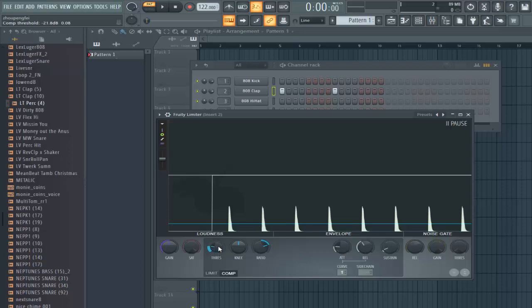And the makeup gain here, you can see that whenever you compress your sound, you lose some volume, because the compressor is bringing down some of the loudest parts to meet the lowest parts, so that you can have some equal or similar or balanced volume. So because it is bringing it down, it loses some volume.